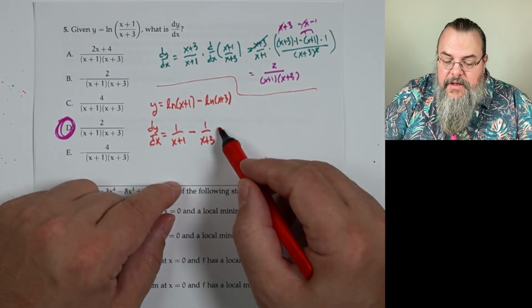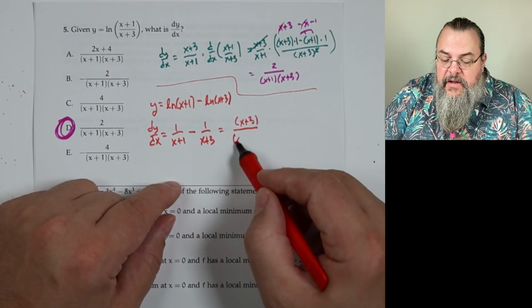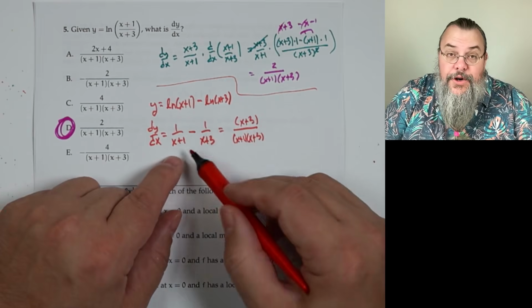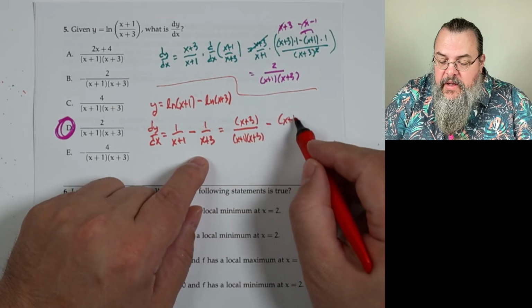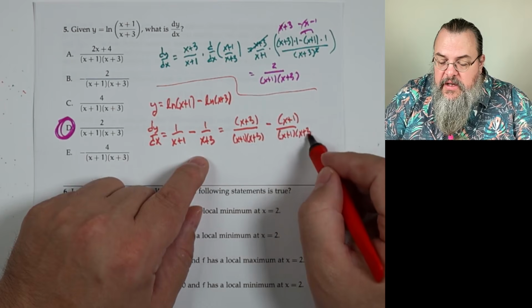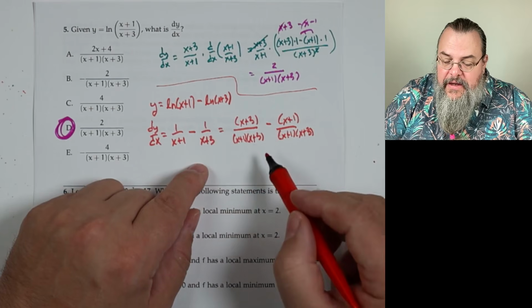Now we say, oh, we need a common denominator, so that'll become (x plus 3) over (x plus 1) times (x plus 3). I multiplied the first term by (x plus 3) over (x plus 3), minus (x plus 1) over (x plus 1) times (x plus 3). Again, multiply the second term by (x plus 1) over (x plus 1). And what do you see?